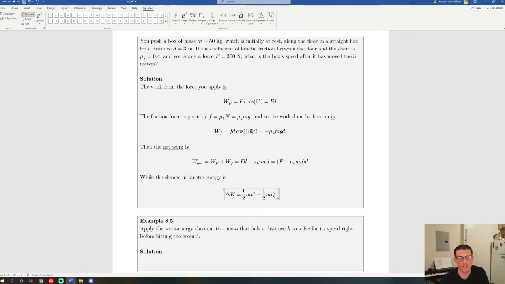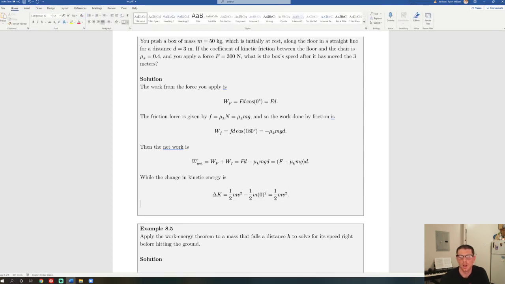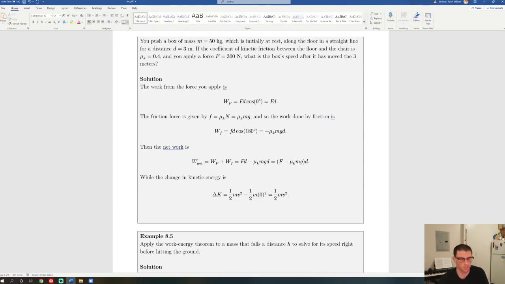But we said in the problem statement that it's initially at rest. So this is just 0 squared. And so the change in kinetic energy is simply the final kinetic energy. Then, let's see here.